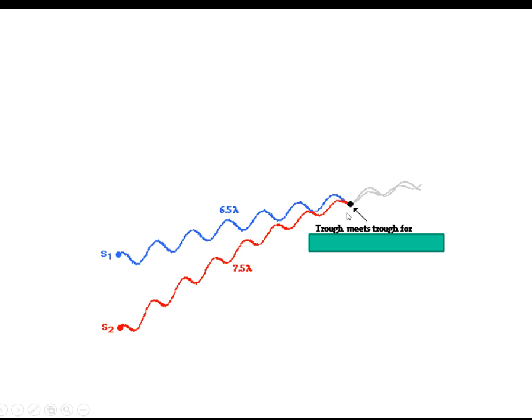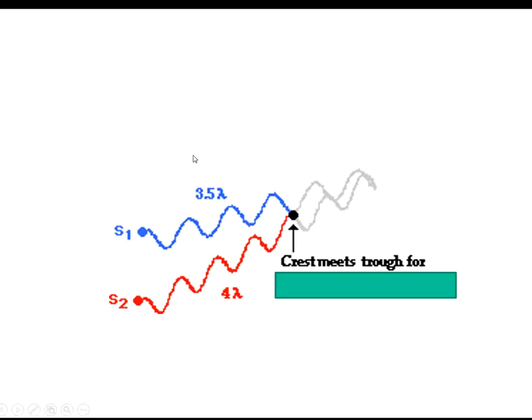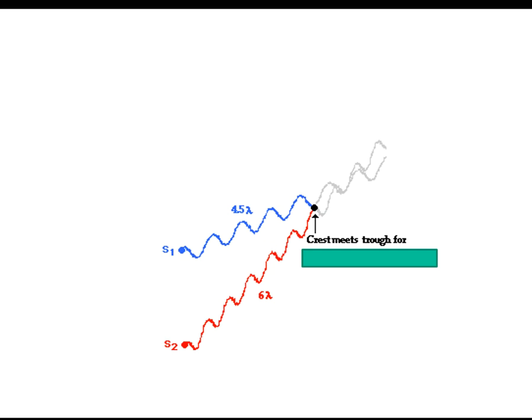Well, here it's a trough meeting a trough. It will also be constructive interference. But let's take a look at this. What if you were 3.5 wavelengths away for one and 4 wavelengths for the other? Here, a crest of the red one is meeting a trough of the blue one. This is going to be destructive interference.